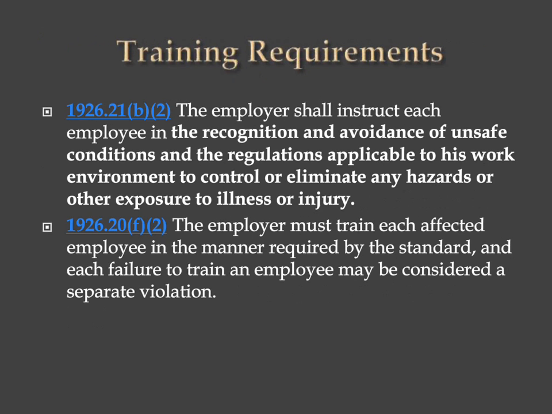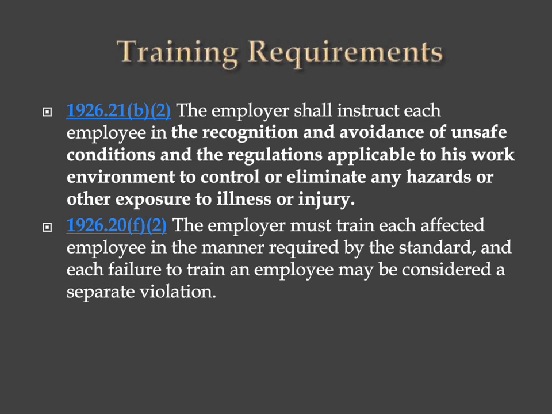All right, training requirements. The employer shall instruct each employee in the recognition and avoidance of unsafe conditions and regulations applicable to his work environment to control and eliminate the hazards or other exposures to illness and injury. That's just what we covered. And the employer must train each affected individual in the manner required by the standard, and each failure to train an employee may be considered a separate violation.